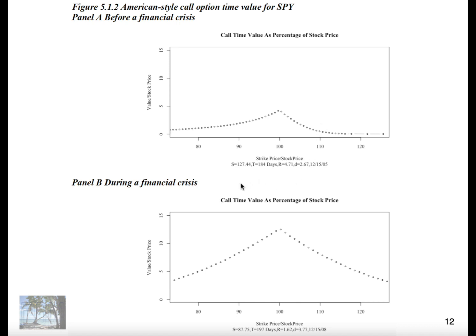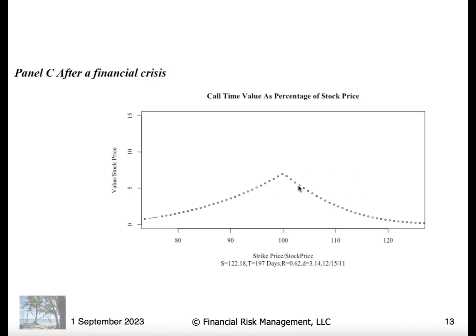During the financial crisis, the magnitude of the time value is much higher, and the asymmetry between the two sides is not as severe. Then when we go back to normal markets, again, we find that these deep in the money options have higher time value relative to the out of the money options.